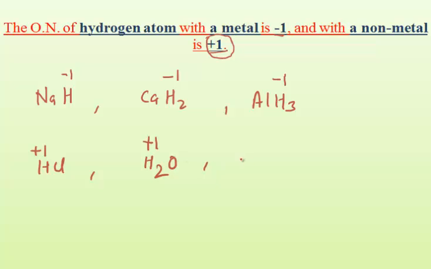We can have one more example, the ammonia molecule. Nitrogen is a non-metal, that is why hydrogen shows a +1 oxidation number. These are certain rules which we follow to assign the oxidation number of an atom, to find out whether the atom is being oxidized or reduced in a chemical reaction.